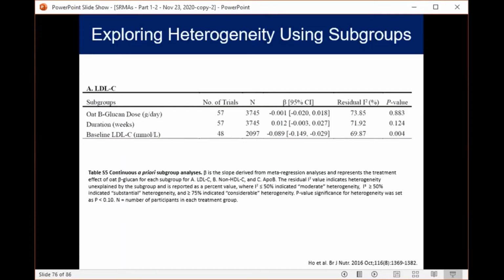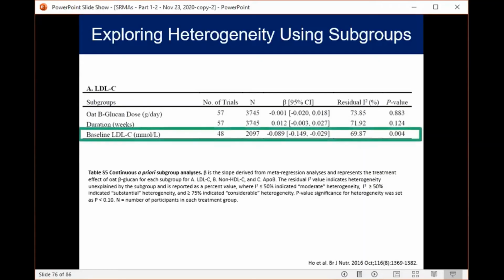Each of these can also be presented graphically, so you can see if there is a linear effect. For example, for baseline LDL cholesterol in this analysis, there is a significant negative association. As baseline LDL cholesterol increases, a greater reduction in the outcome of LDL is observed in these studies.